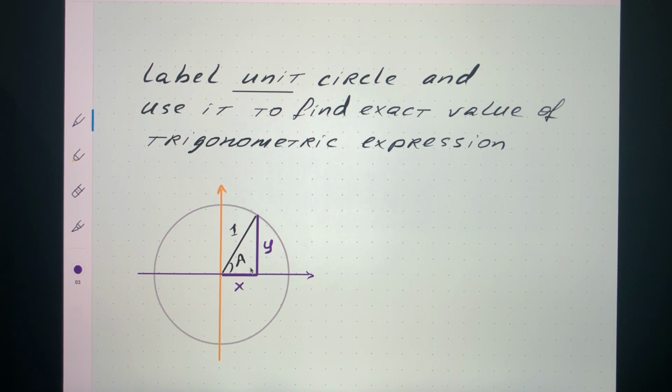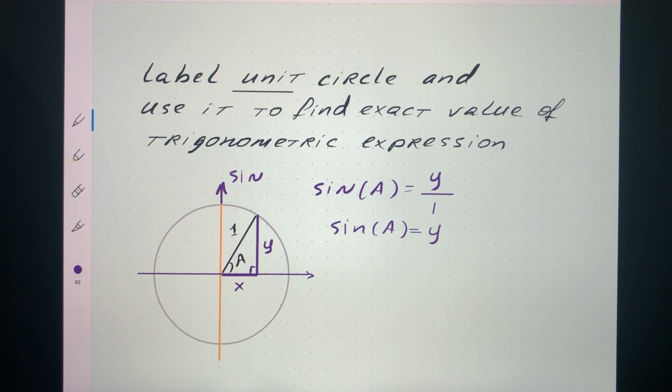Now, using our knowledge of what sine and cosine is, we can say that the sine of the angle A is the opposite, which is y, divided by hypotenuse, which is 1, which means the sine of any angle is the y-axis, which is why we label the vertical axis as the sine.